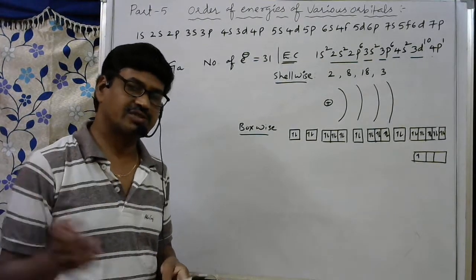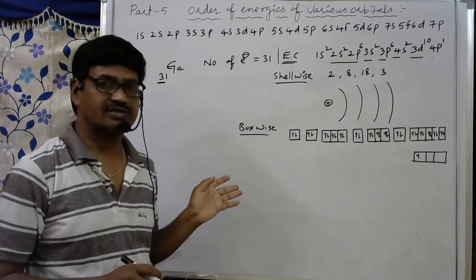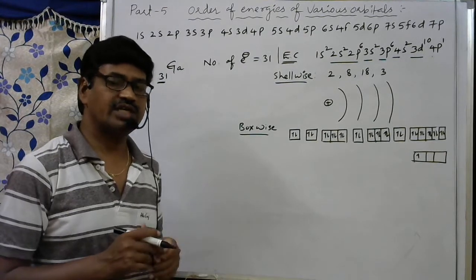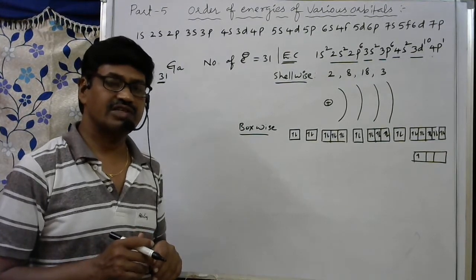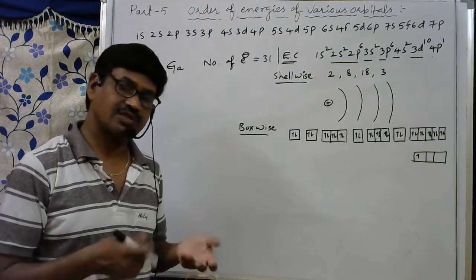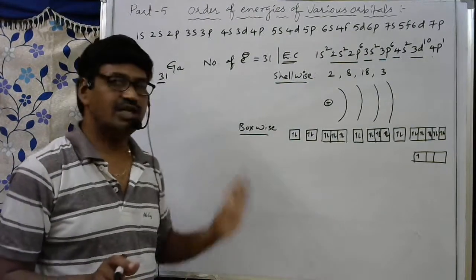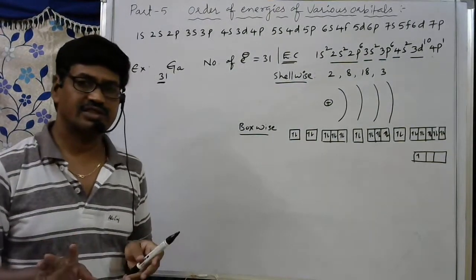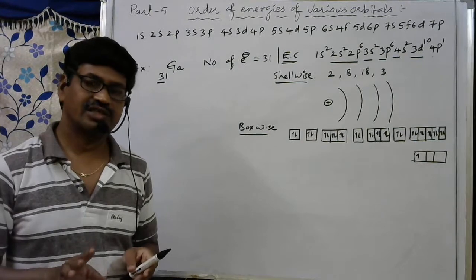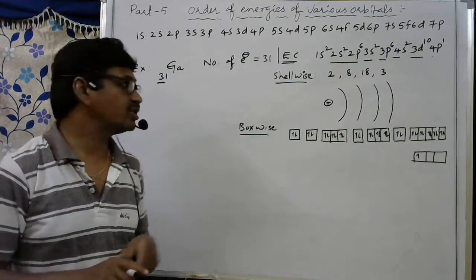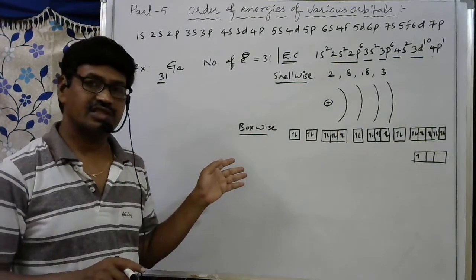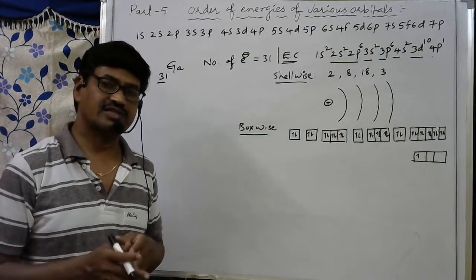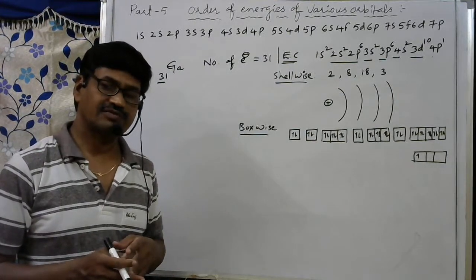Even organic chemistry has it as a base. So first of all you should know how to write the electron configuration for a given element. All the concepts are linked to electron configuration. It is a base for understanding many concepts. Without electron configuration it is not at all possible to write formulas or get compounds.